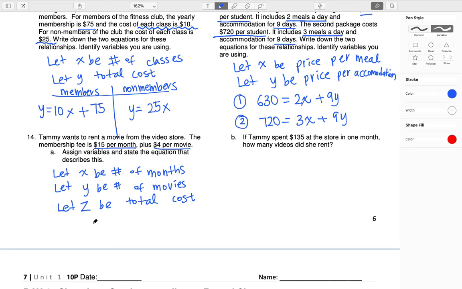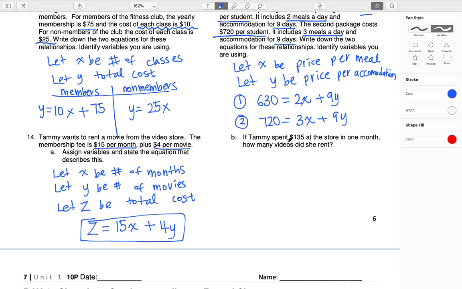So the total cost, z, is equal to $15 per month, so 15x, plus $4 per movie, so 4y. This is the equation for Tammy renting a movie by the number of months.